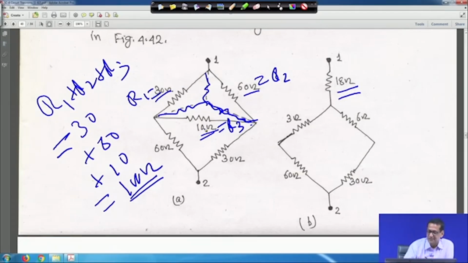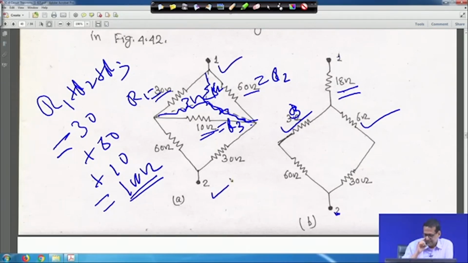Similarly, 30 into 10 divided by 100, that means this is 3 ohm, and another one is 60 into 10, 600 by 100, that is 6 ohm. So, 18 ohm, and this 1 and 2 terminal is like this. This is 1, this is 2.